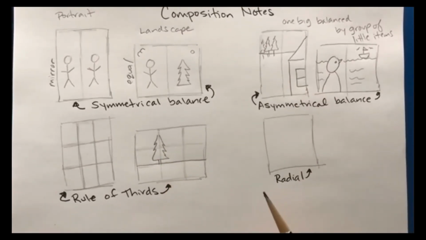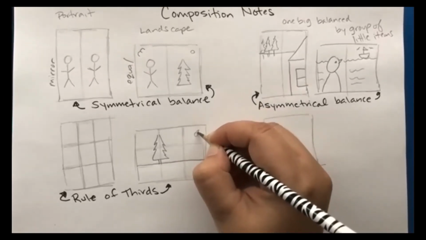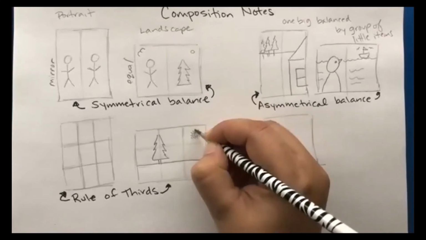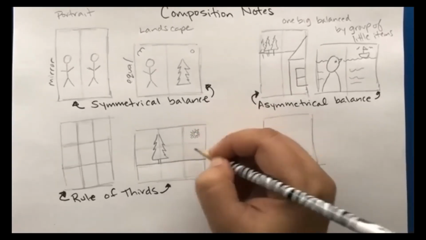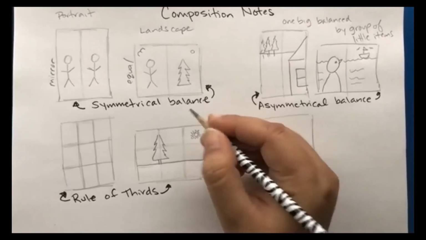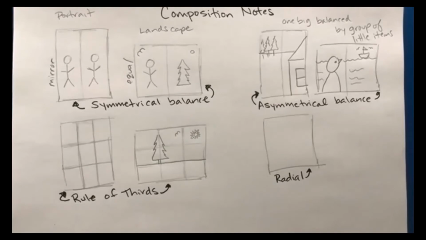If I want small things, then I don't want to put anything onto the line. So if I want like maybe a little sun, maybe I have a bird flying, I can have it near the lines, but I don't want to put anything else on the lines. I only want the object.